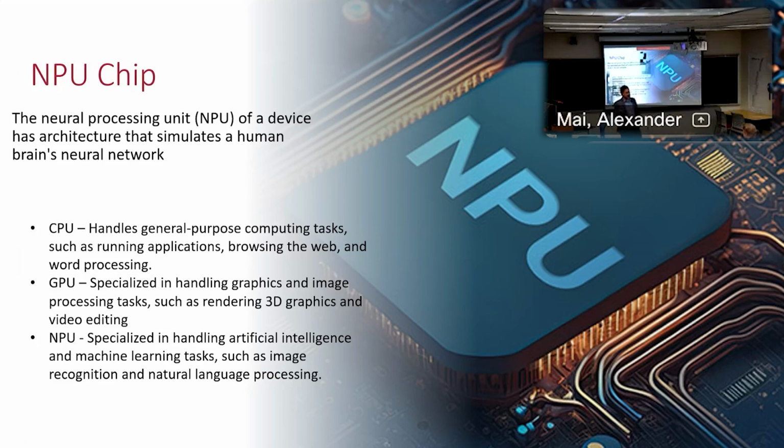So they're making specific chips to handle instructions from AI, right? So a computer machine, desktop, laptop, what does it have on the inside? One, it has a CPU, that's the brain of the device. A GPU handles the graphics.